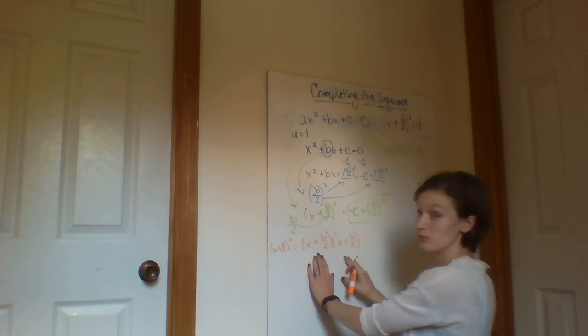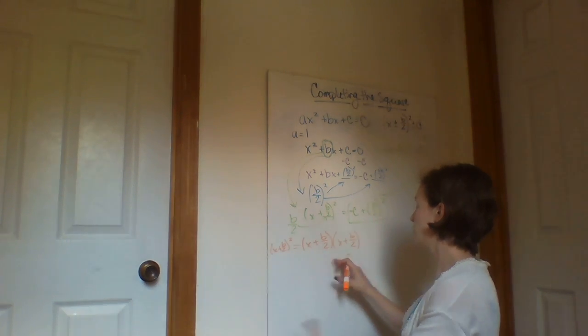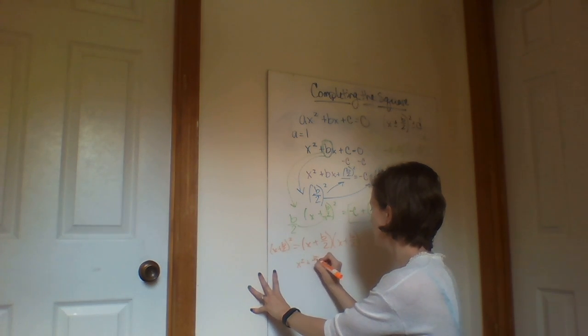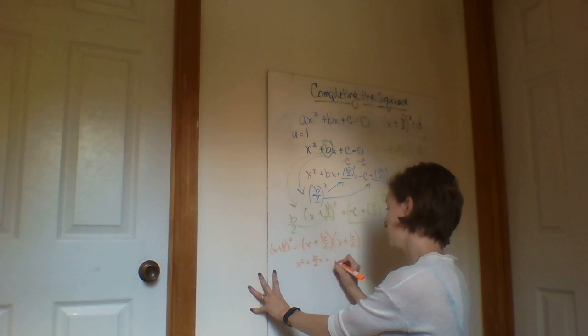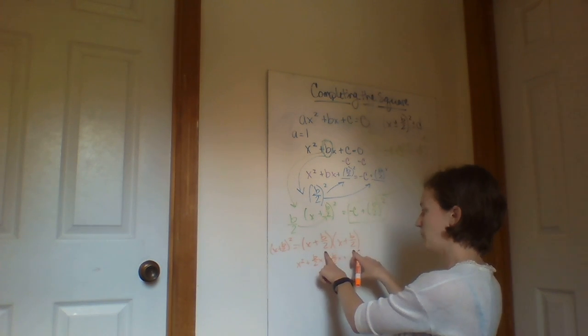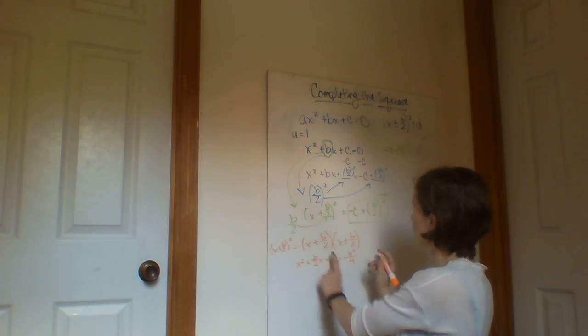We just have two of them, multiplying them. So then, what we do, we're going to FOIL them. So we have x squared plus b all over 2x plus another b all over 2x plus, so we're multiplying these two together, so we have b squared all over 4.